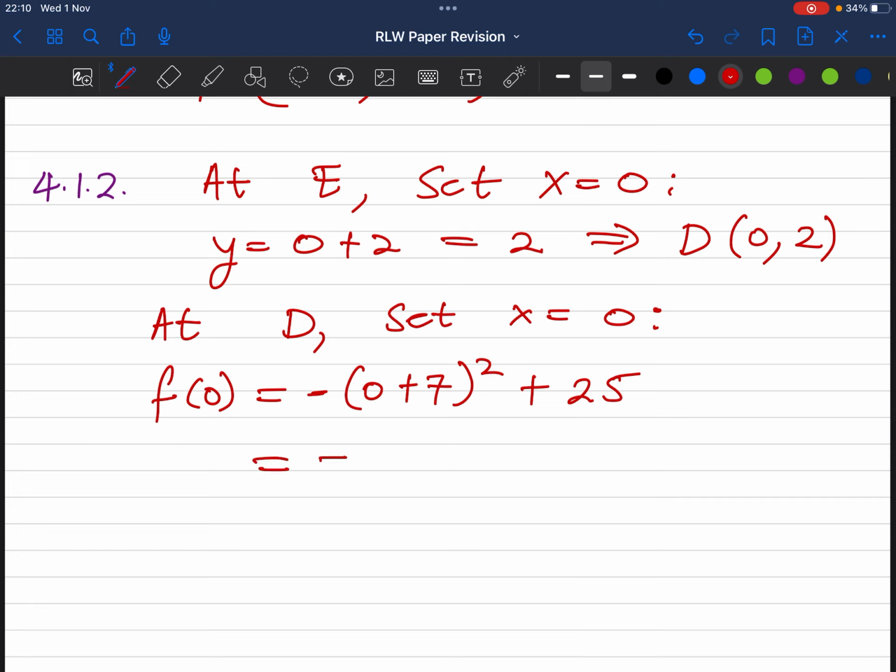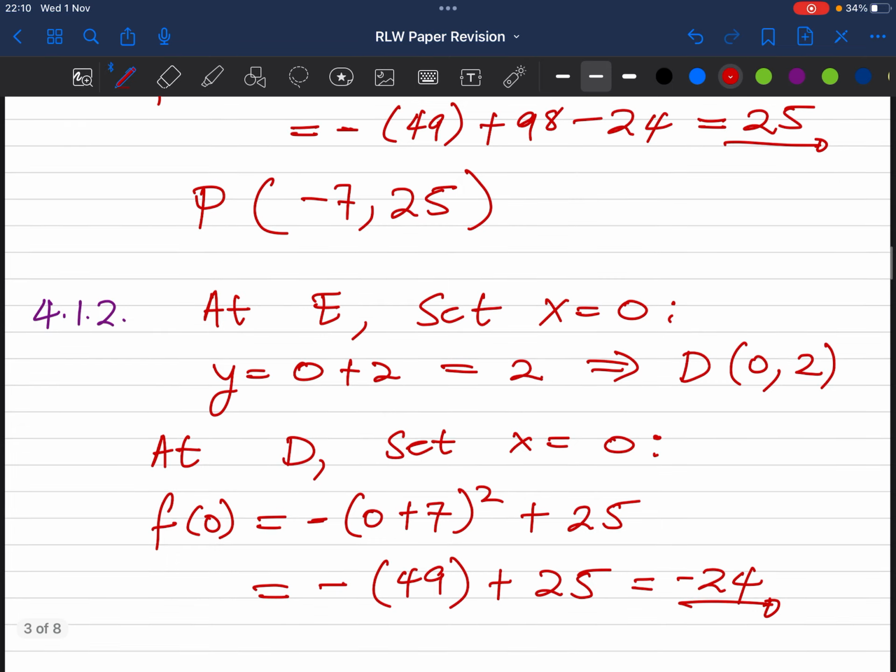So this is negative 49 plus 25. I hope you get the feeling of this question and how we will go about it. So now we just get negative 24 for that one.